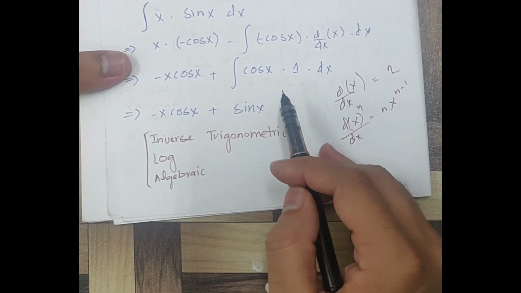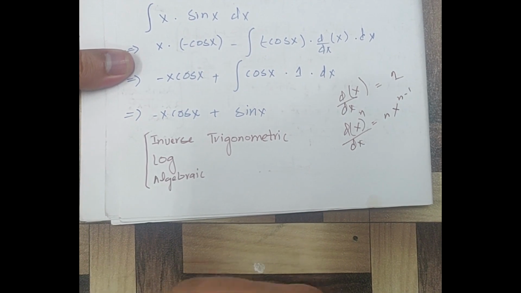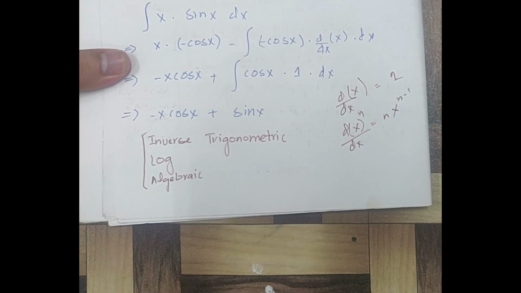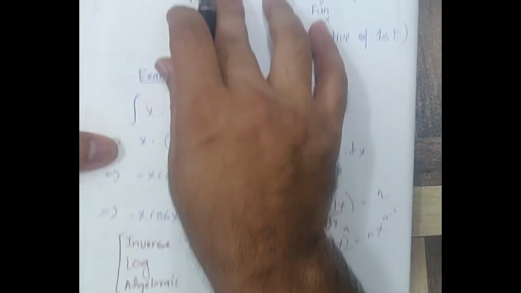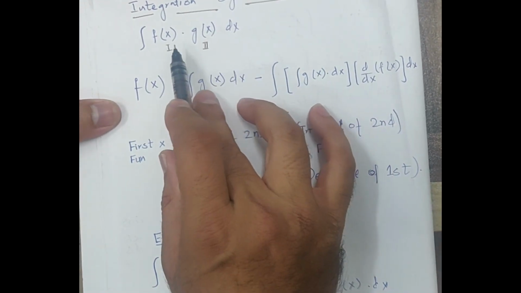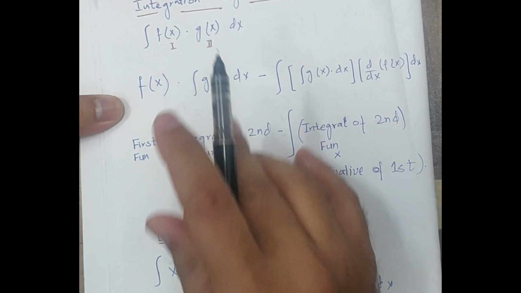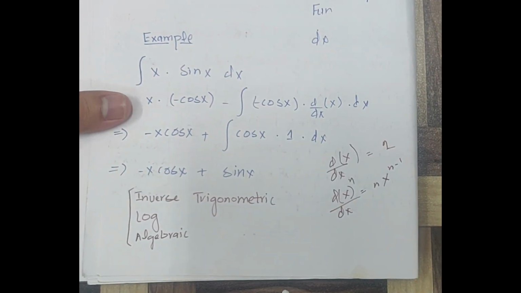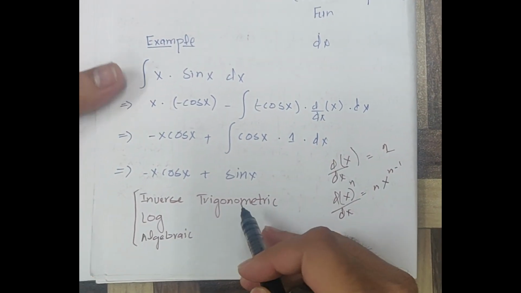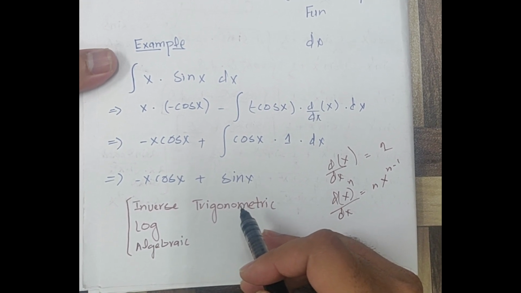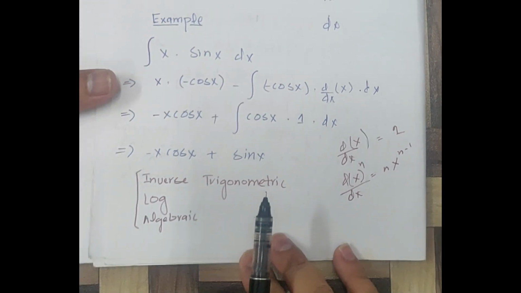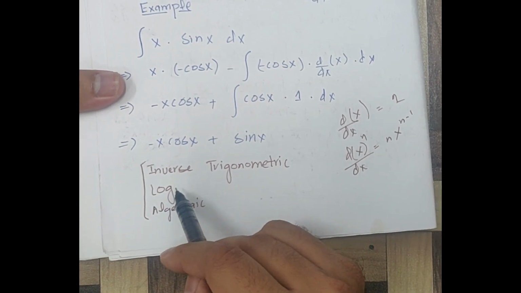So whenever we have to choose which function is to be the first function, which the second function, which the f of x and which the g of x, we will always use the inverse trigonometric function as the first function, and we will always use the logarithmic functions as the first function.